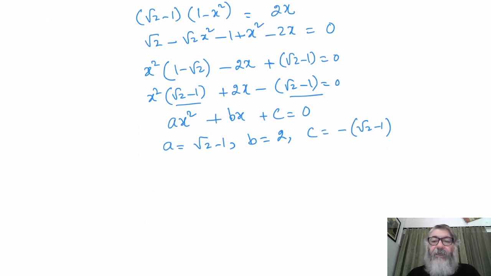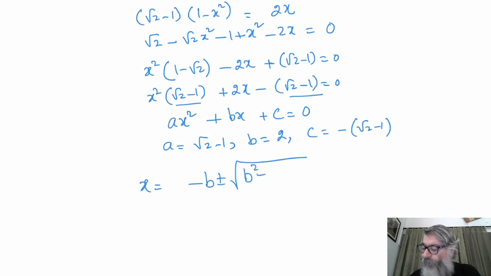It would have become too messy. So x will be equal to minus b plus minus under root b square minus 4ac upon 2a. This is the formula which we use for calculating quadratic equation.